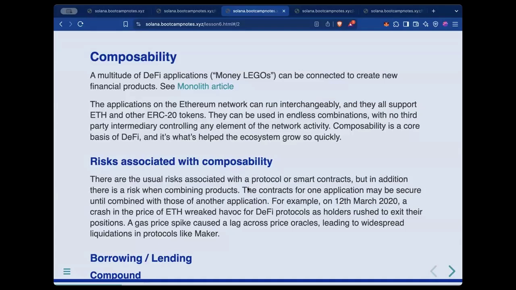So we have standards, and that means that, for example, if you have some tokens that are in a pool, then maybe you could do a swap, get some tokens out, and then put them into some other product. But that second product will still understand what those tokens are because the standards are being followed. And you can put a lot of these things together to make complex and innovative financial products.